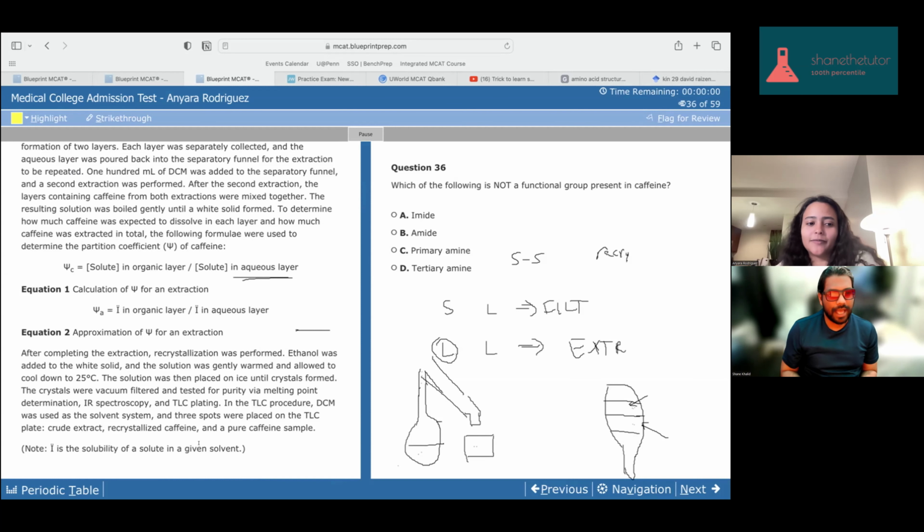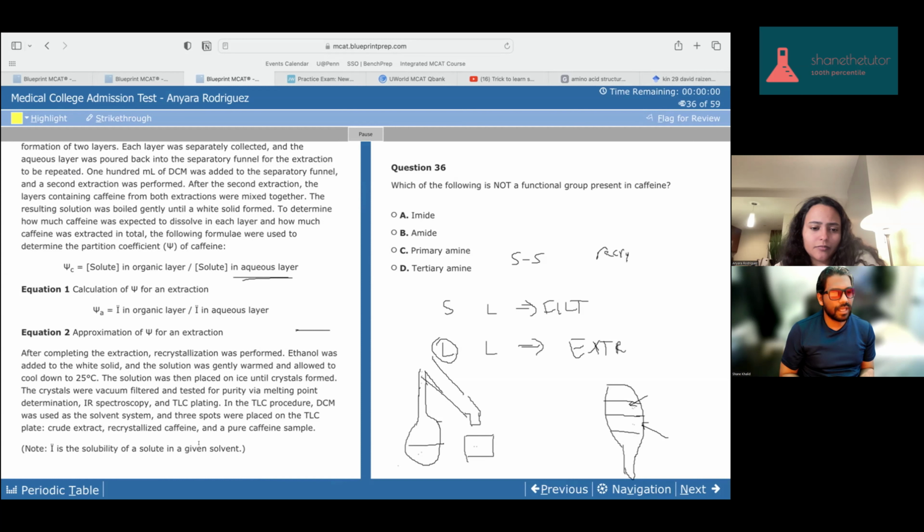So they're talking about recrystallization. You want to be thinking of solids, and then they're saying ethanol was added to the white solid. That's exactly what we're expecting, that we're dealing with solids here. And the solution was gently warmed and allowed to cool down to 25°C room temperature. That's exactly what happens with recrystallization.